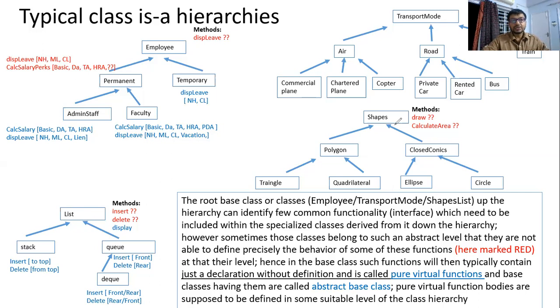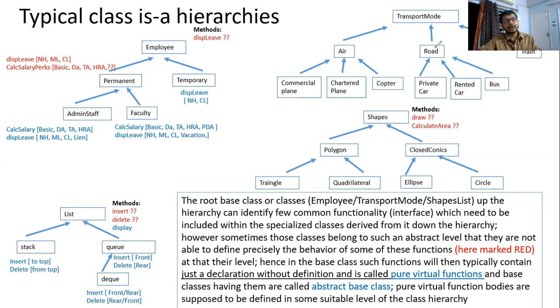Okay, so those classes, this shapes class, transport mode class, or even the air road, these classes will then be called abstract base class. These are base classes, but they are abstract base classes, as you are not able to create an instance of that base class. Earlier we found A or B. B is a base class, D is a derived class.